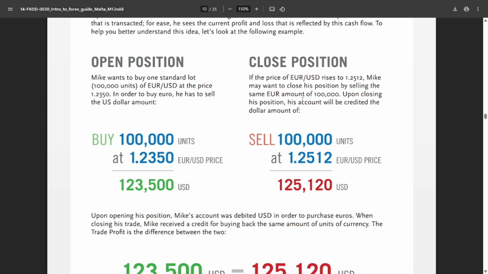Upon closing his position, his account will be credited the dollar amount of, look at here, selling 100,000 units at 1.2512 EUR/USD price. How many USD does he have? He has 125,120.